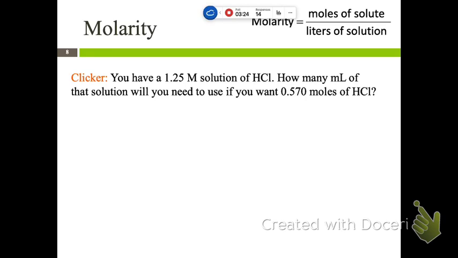Okay, so that'd be 1.25 moles of HCl per what? 1 liter of solution. So that's your conversion factor. So now that you have a conversion factor, think about how you're going to use this conversion factor. It allows you to go from moles of HCl to volume or from volume to moles. So then reread the question, think about how you can use that, okay?